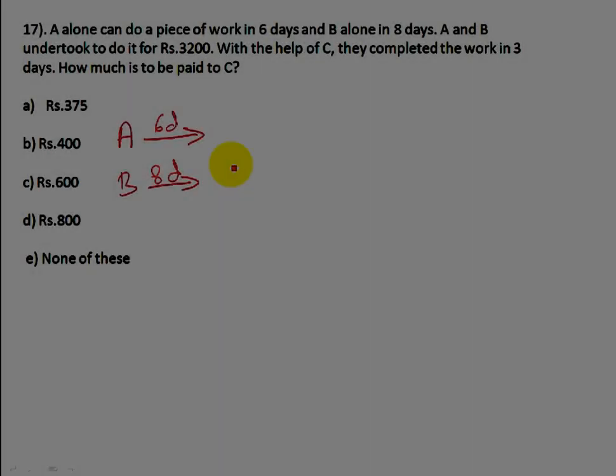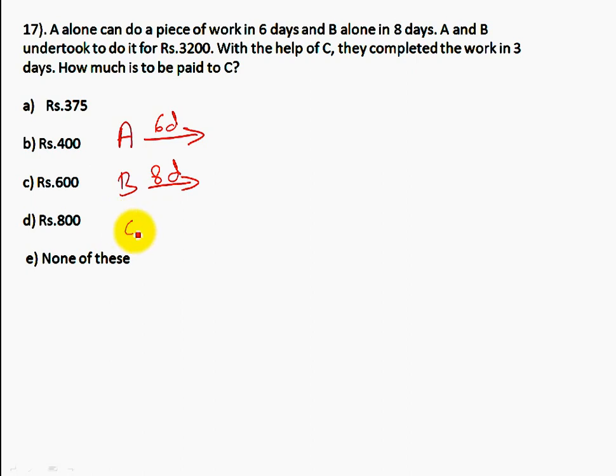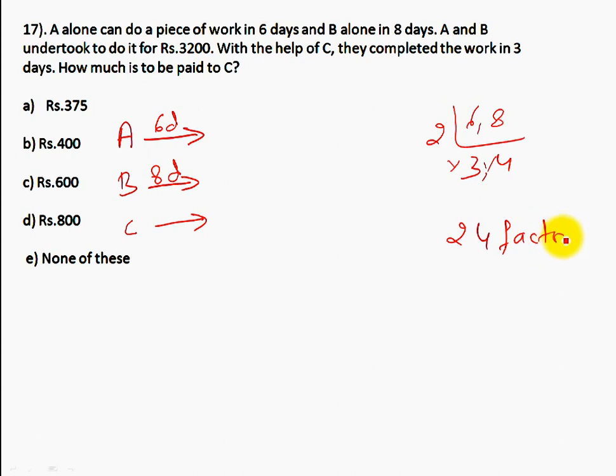As usual, you write A can do it in 6 days and B can complete our work in 8 days. We need to find out the value of C. So as usual, we will go for our LCM method. 3 and 4 have nothing common, so we can multiply directly and it comes out to be 24 factors.